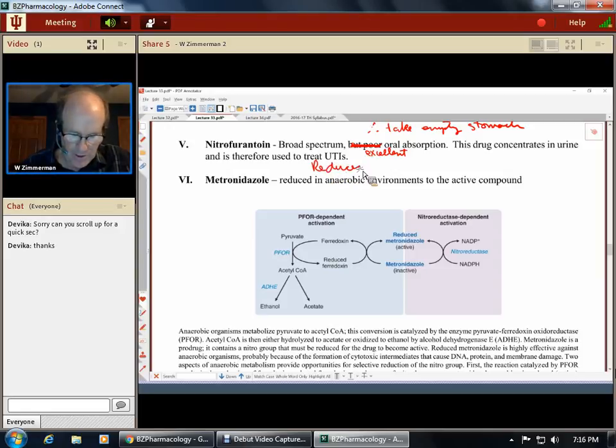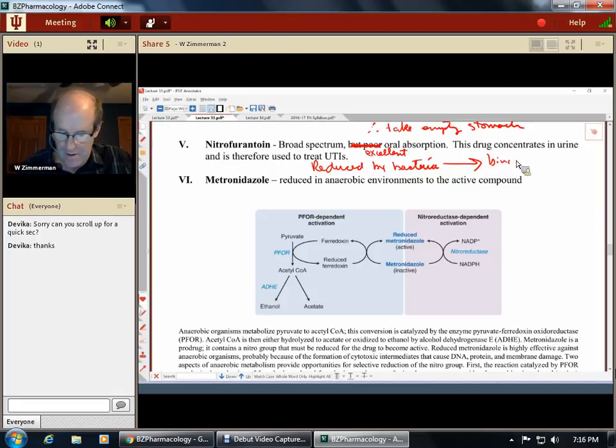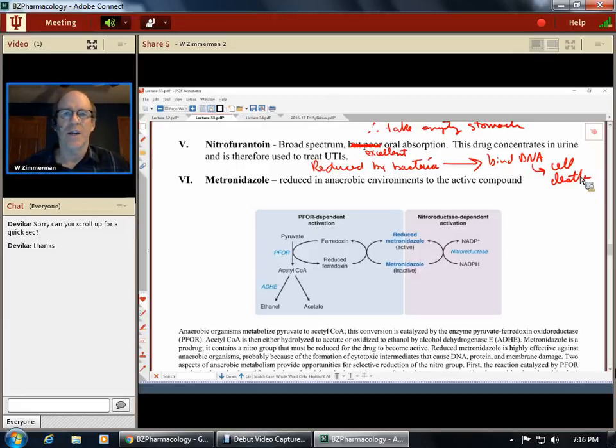It's reduced by bacteria, and that reduced form will bind to DNA, and that'll lead to cell death. So, strictly for UTIs, that's it. Somebody's on nitrofurantoin, it's to treat a UTI.